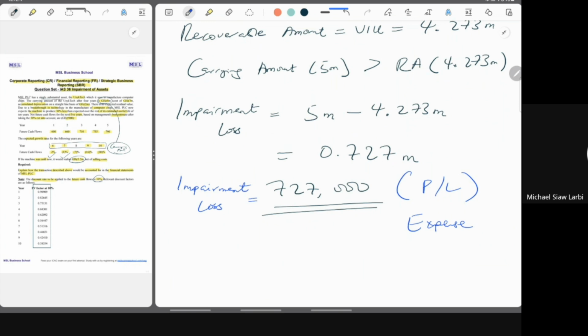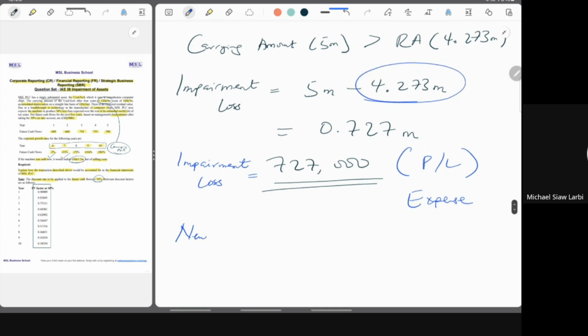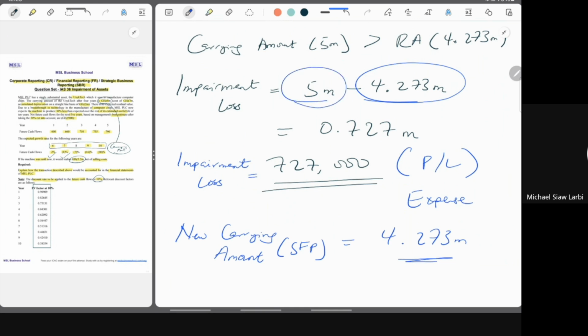On the statement of financial position, the asset will now be recorded at the amount of 4.273 million, because we wrote down the asset from the carrying amount of 5 million to the lower amount of 4.27. So the double entry really is we debit profit or loss with the impairment expense and we credit the asset with the impairment loss to reduce it to the carrying amount.